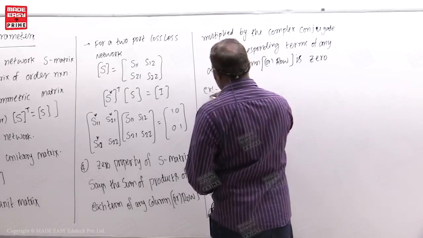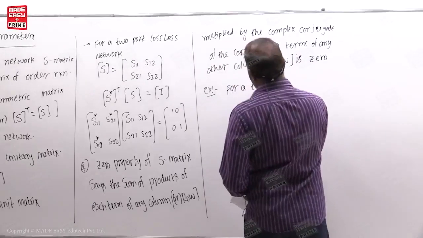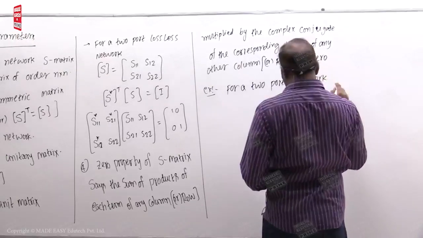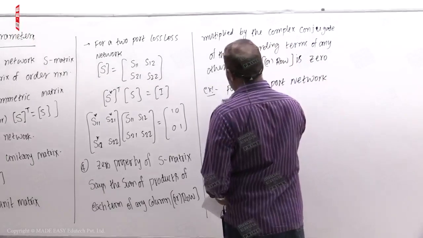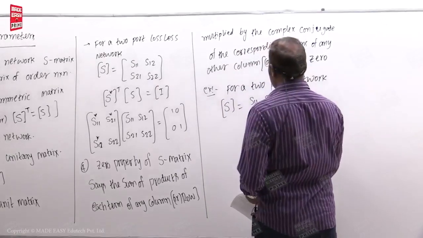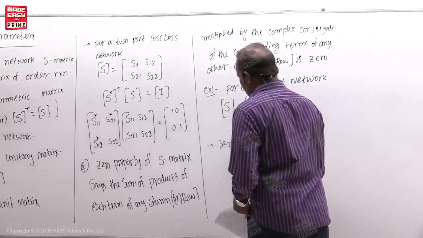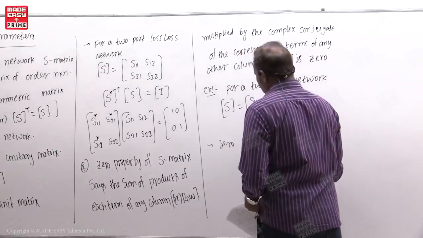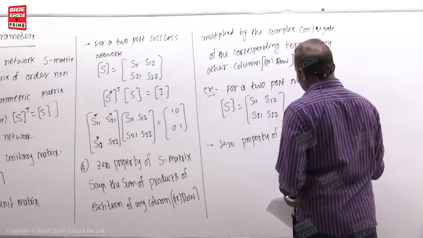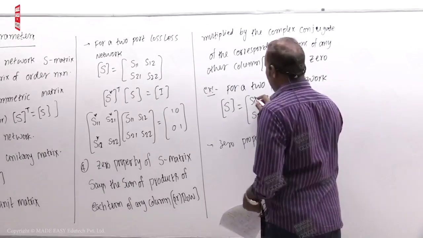So example, for a two-port network, S matrix is equal to S11, S12, S21, S22. Now zero property of S matrix says, for example, you take this column, student.